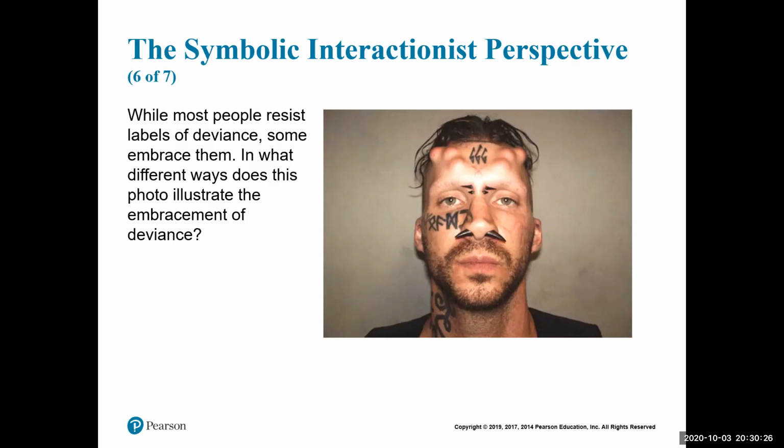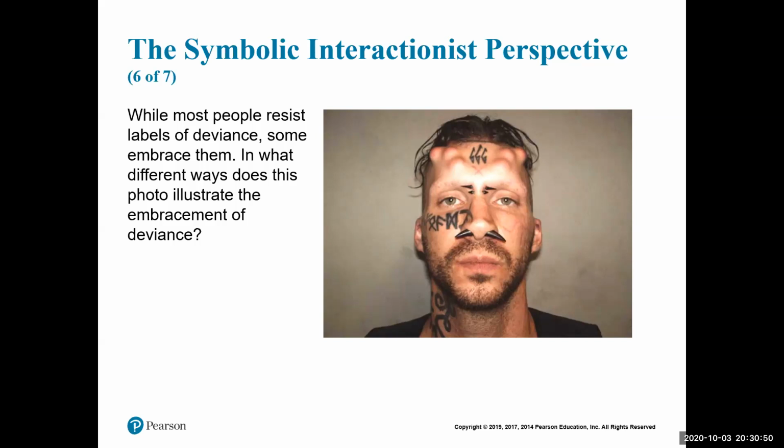You can see this photo illustrates the embracing of deviance. When you look at your textbook, notice there are two pictures here. Believe it or not, while most people resist labels of deviance, some embrace them.